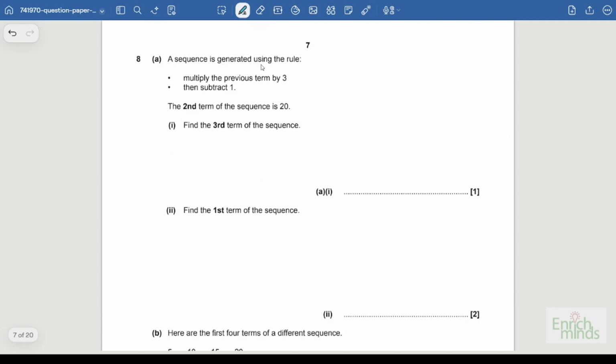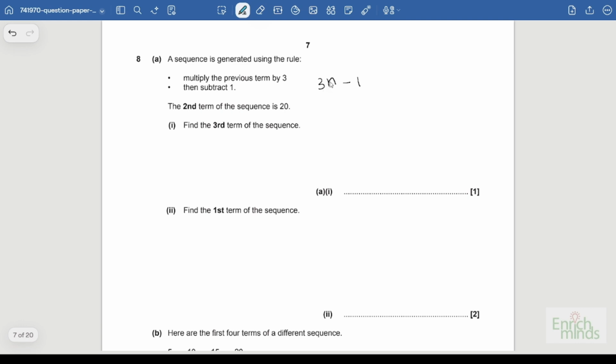A sequence is generated using the rule multiply the previous term by 3 and then subtract 1. So let the previous term be n, multiply it by 3 and then subtract 1. So this has to be the rule of the sequence. The second term of the sequence is 20. Find the third term.